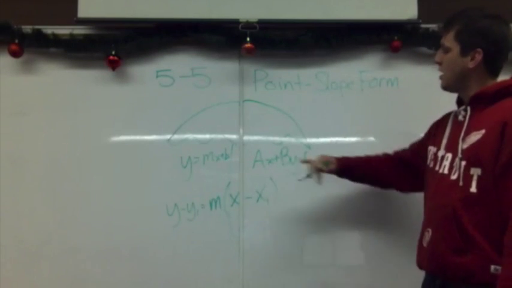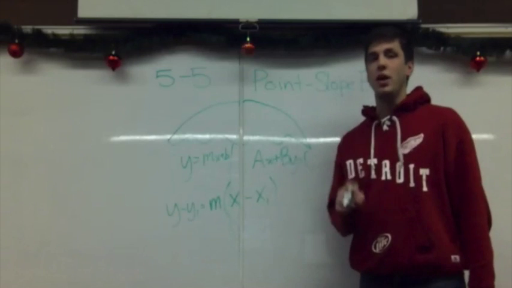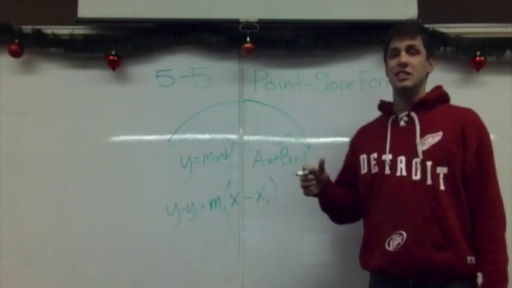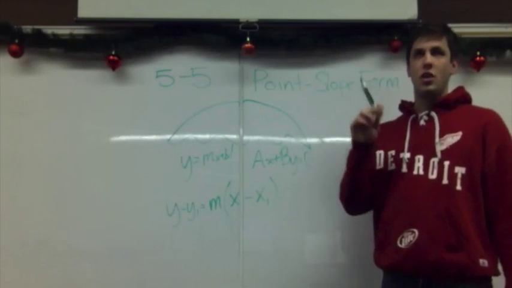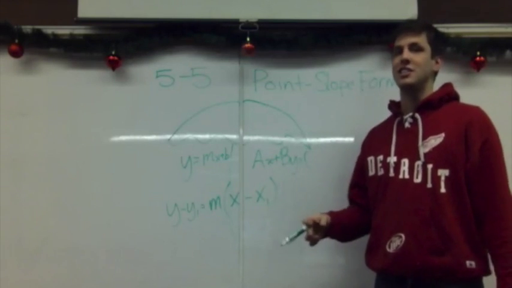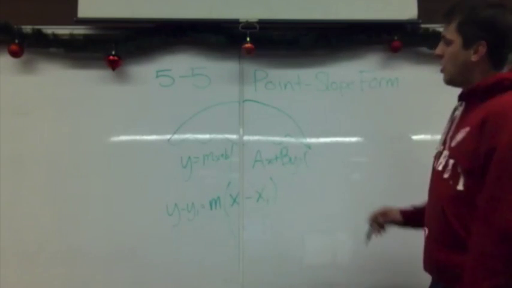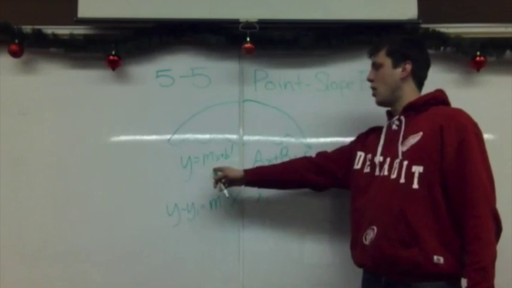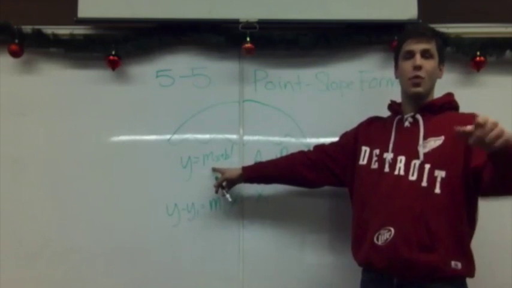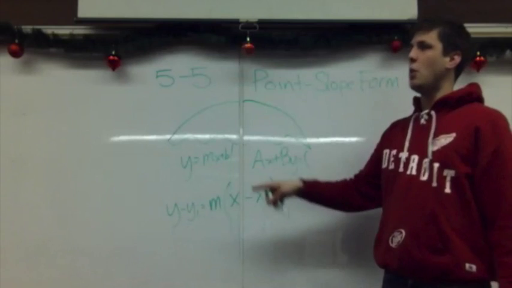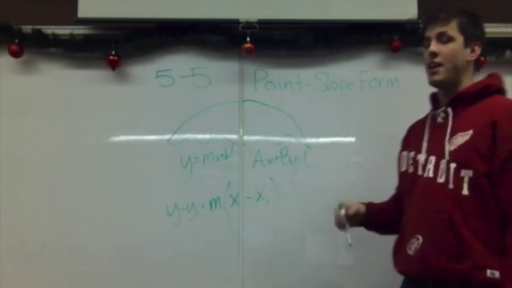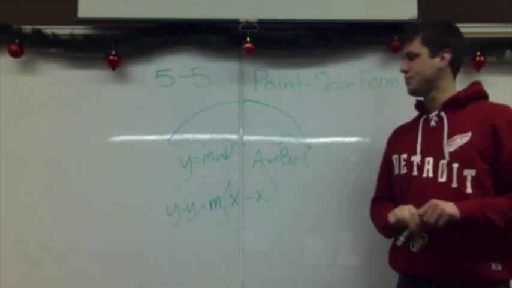The next one, standard form, the point of it is to make it very easy to figure out your y-intercept and your x-intercept. And so, whereas this one, you find one point, the y-intercept, and then you find the slope of the line. In this one, you're finding 2 points of the line.